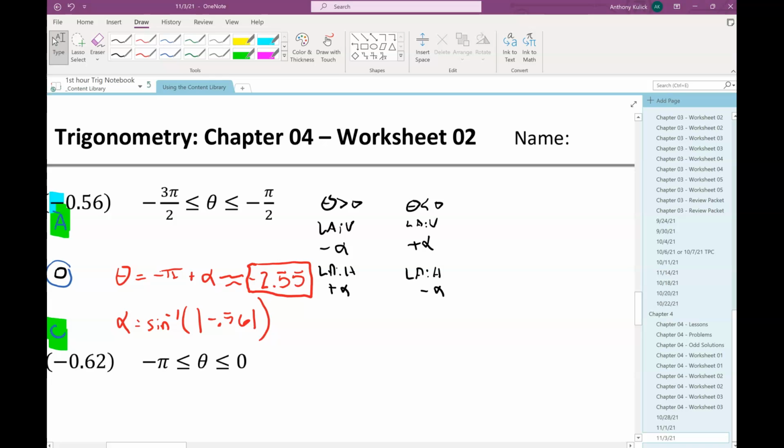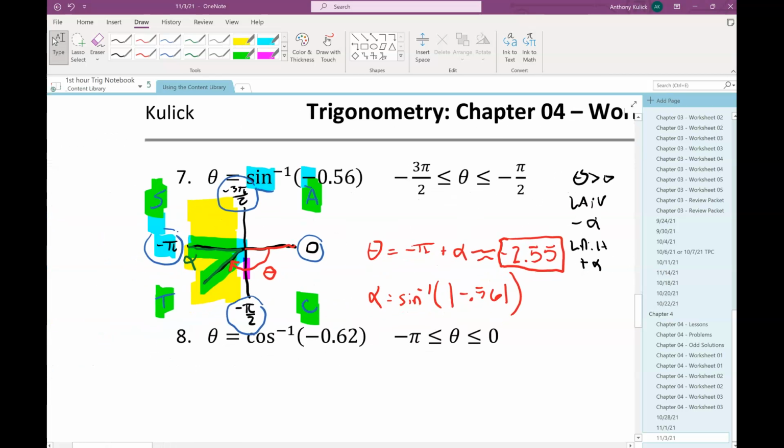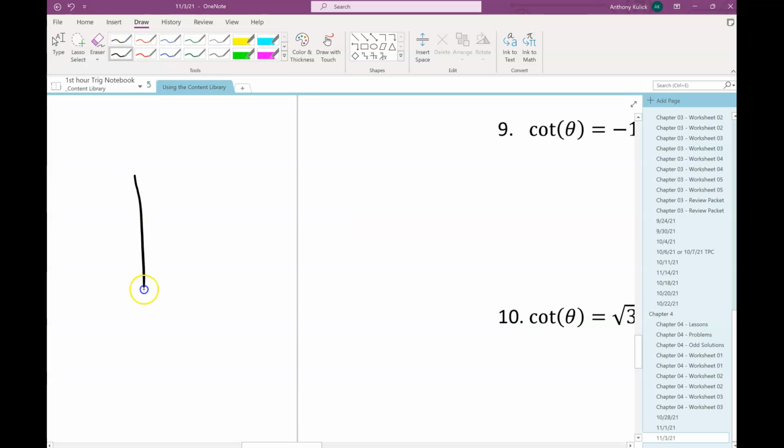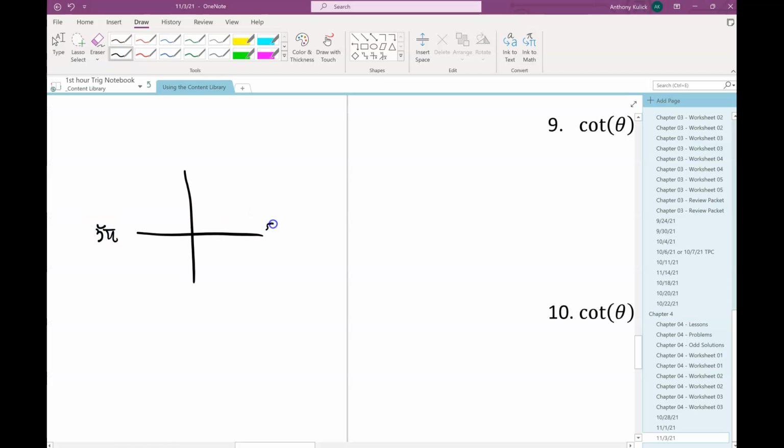Jane? So then to figure out what you're adding to alpha, you would just look at the x-axis where it's making alpha. Exactly. Yep. So again, say you had something like this, we'd have theta equals 5 pi plus alpha, since that's the end of the x-axis that makes up our alpha.